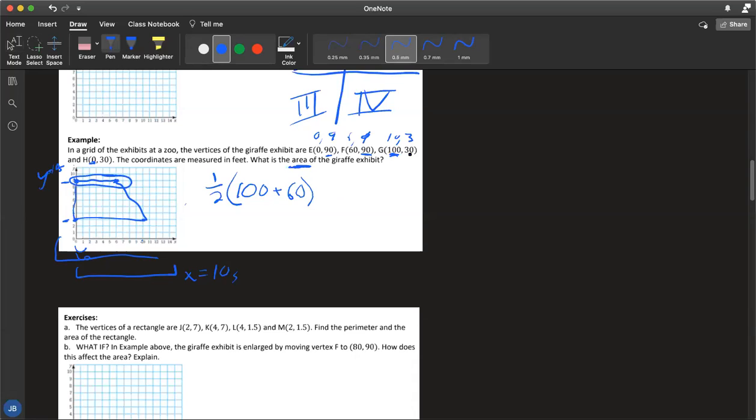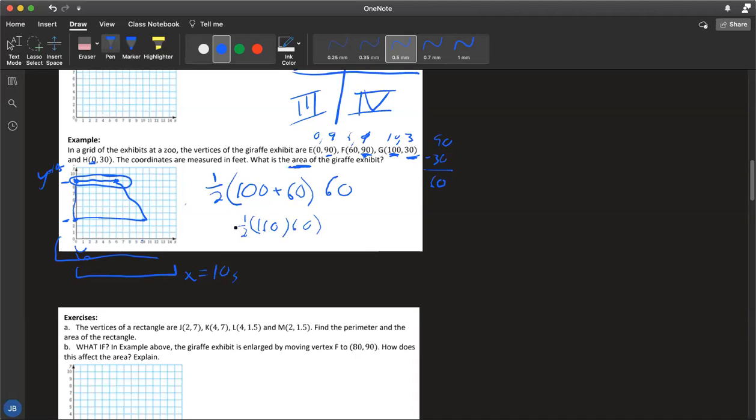So we could even look at right here. We have 90 for the Y and then 30 for the Y. So we can do 90 minus 30 and that'll give us 60. Great job. And so we have 130 times 1/2 times 60, correct?